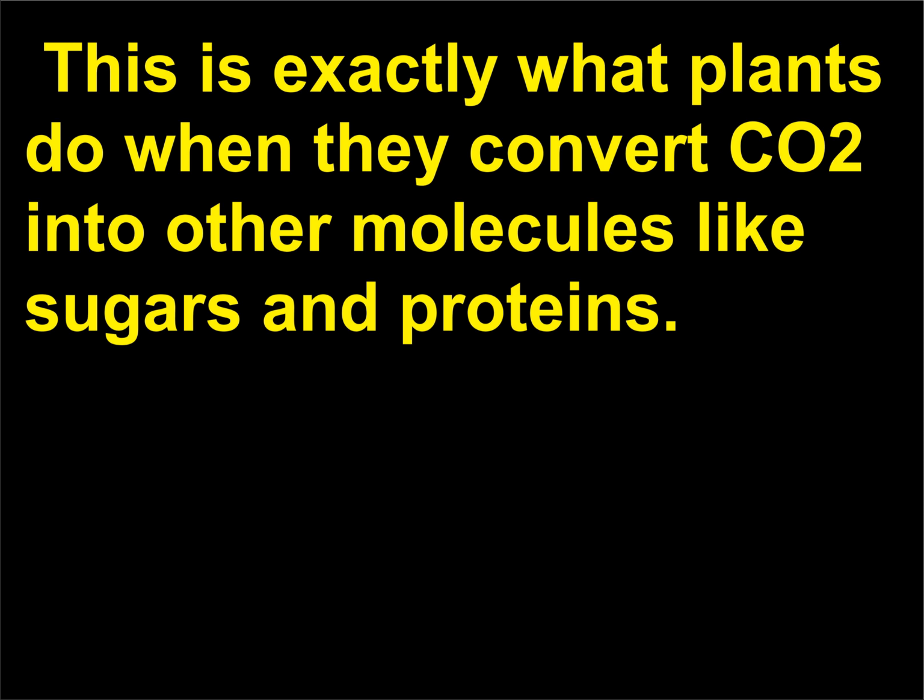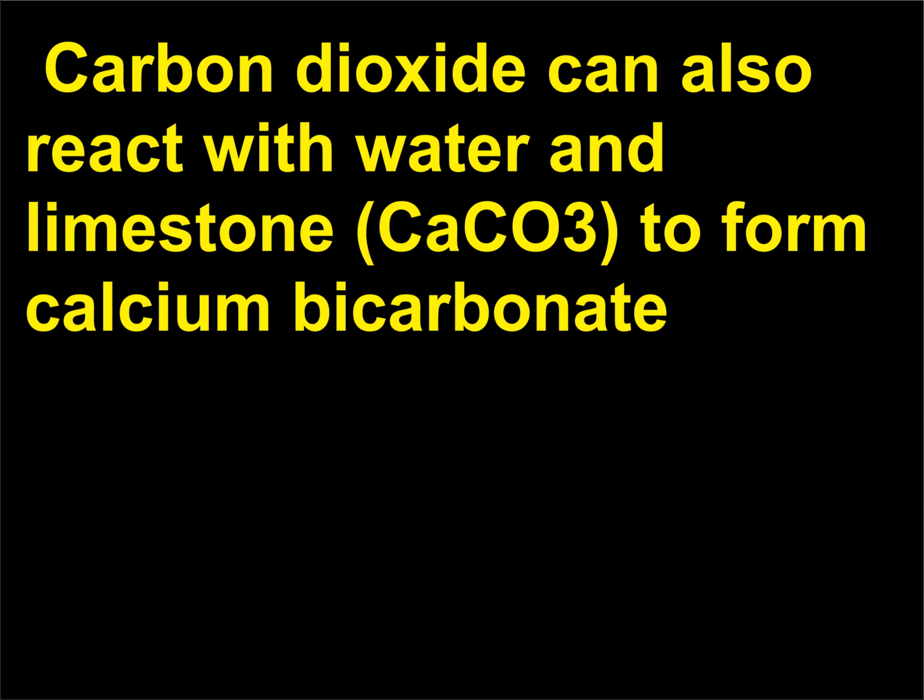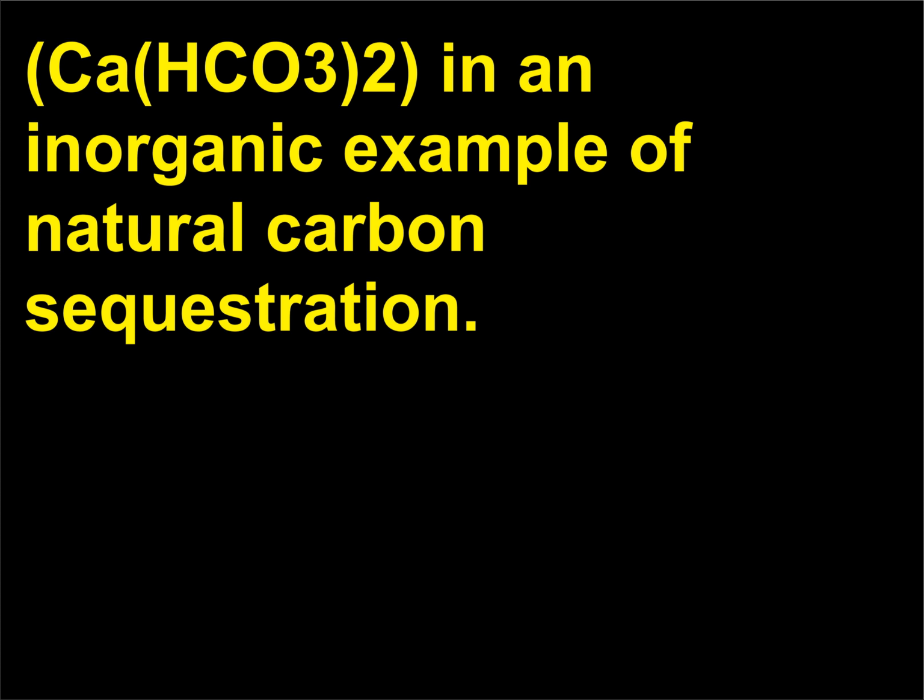This is exactly what plants do when they convert CO2 into other molecules like sugars and proteins. Carbon dioxide can also react with water and limestone, CaCO3, to form calcium bicarbonate, Ca(HCO3)2, in an inorganic example of natural carbon sequestration.